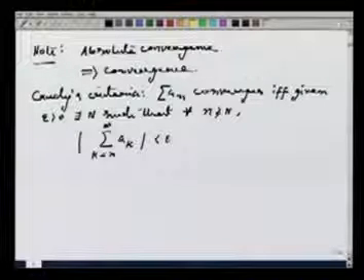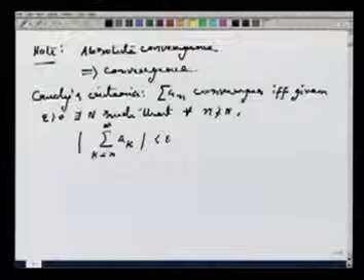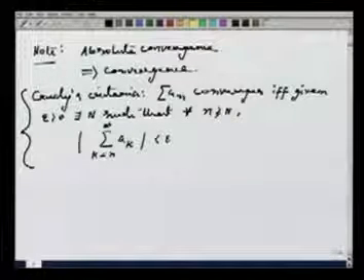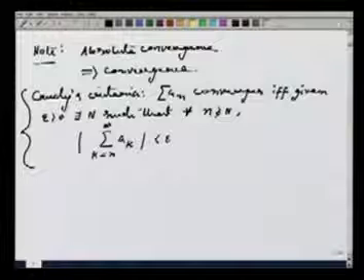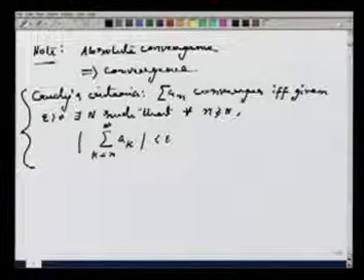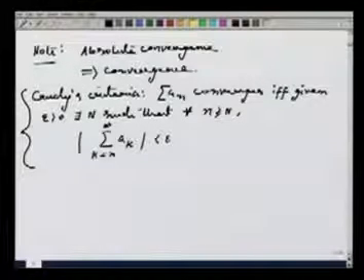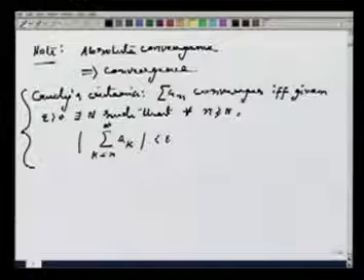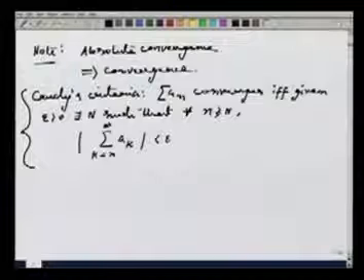Now if I use this criteria, then it is easy to see that absolute convergence implies convergence. So to prove convergence, what I have to do is, given epsilon, I have to find a capital N such that the tail of the infinite series which starts after capital N is less than epsilon.